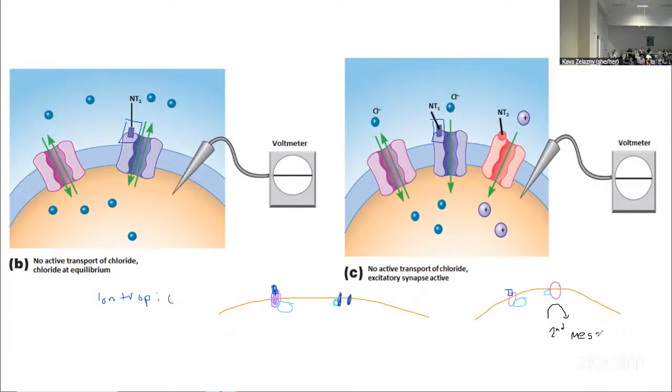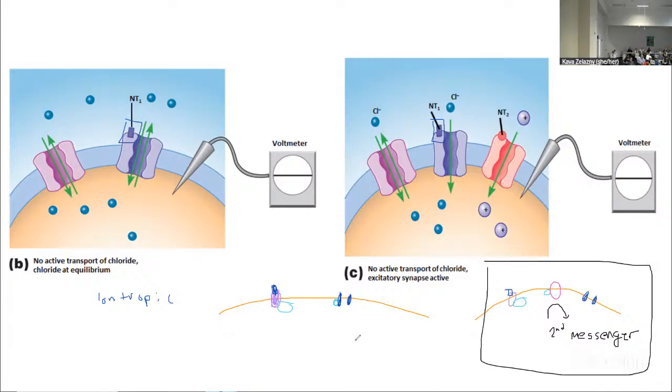And then that second messenger ultimately is what helps us open some kind of channel. So this is why our G protein coupled receptors work slower, but also why they can have longer lasting effects, in this example of our slowest type of metabotropic receptors.